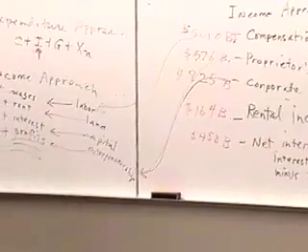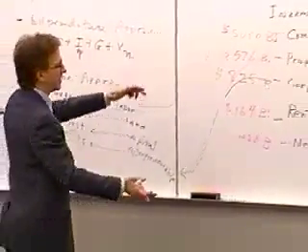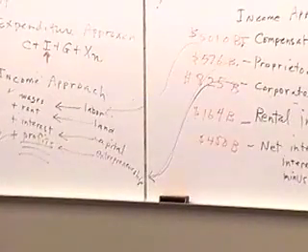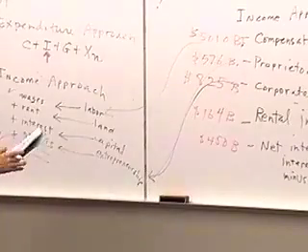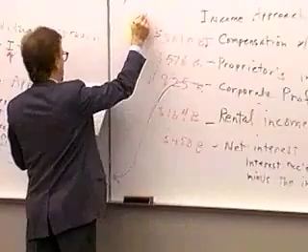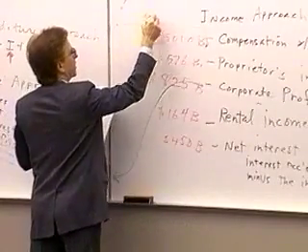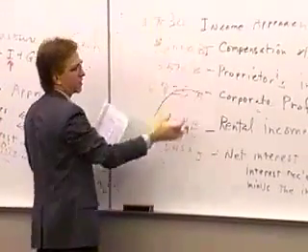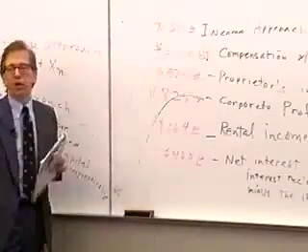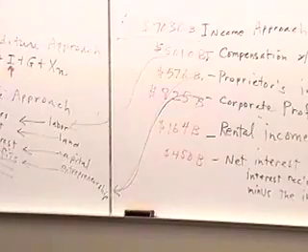What's the largest component of this total? Oh, and I didn't tell you the total, did I? What's the largest component? It's not even a close race, is it? Compensation of employees is by far the greatest. If you add all these up, the total was 7,030. I was rounding off as I went along, so these may not add up exactly, but pretty close. A little over $7 trillion.